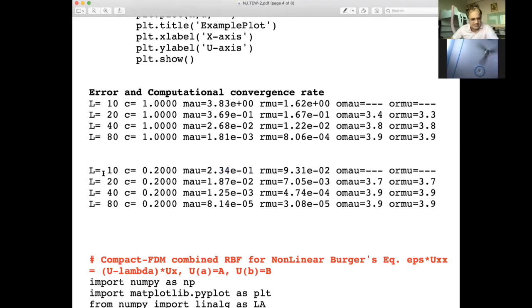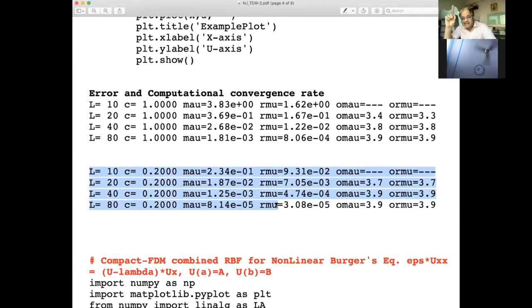So this is giving less error compared to C equal to 1. By comparing these two results, we can simply draw the conclusion that shape parameter affects the solution. And why not?